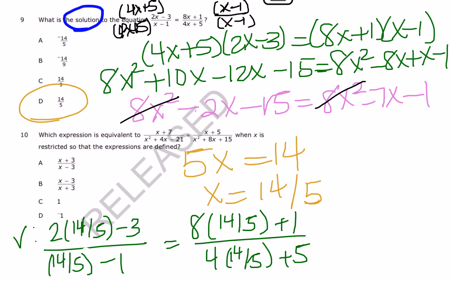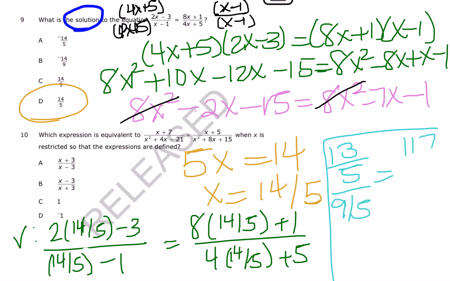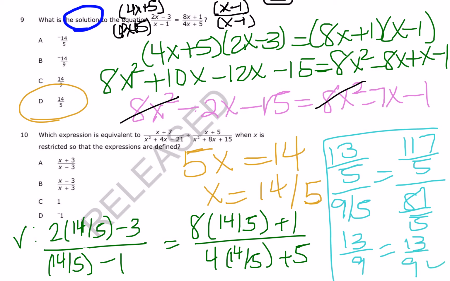And like I said, I would go on and simplify each fraction first. So then that would give you 13 over 5 divided by 9 over 5 equals 117 over 5 divided by 81 over 5. And when you simplify the left, you get 13 over 9. When you divide and simplify the right, you get 13 over 9, which means we get the same answer, and so that answer is correct.